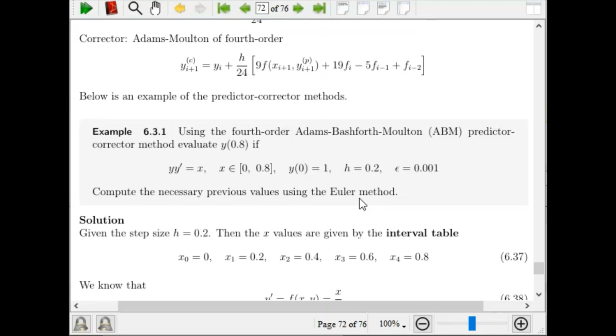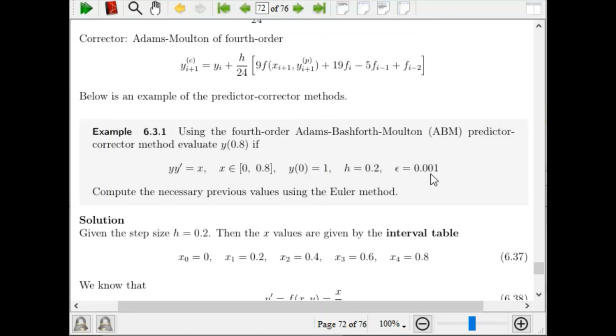So look at the example. We are using the fourth order Adams-Bashforth-Moulton, which means fourth order Adams-Bashforth and fourth order Adams-Moulton, to evaluate y of 0.8, the same question, but here epsilon is a very small number.